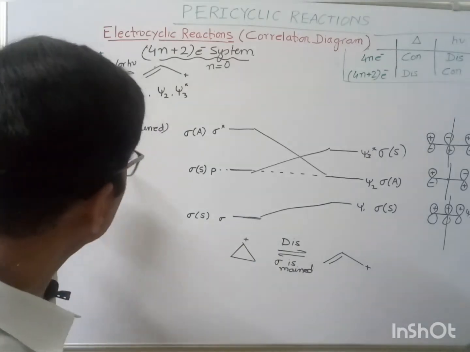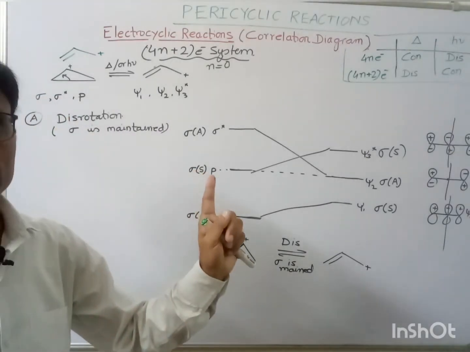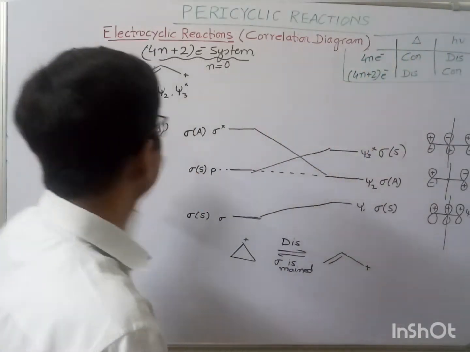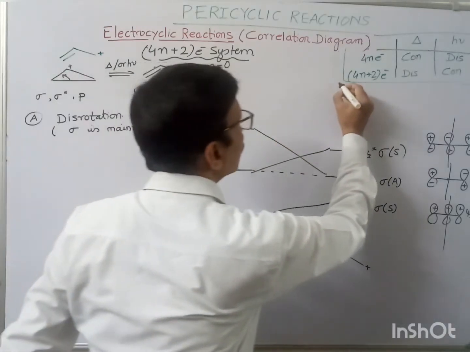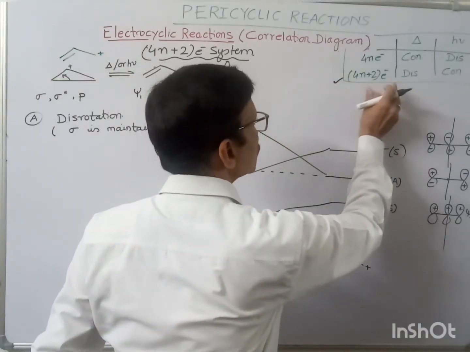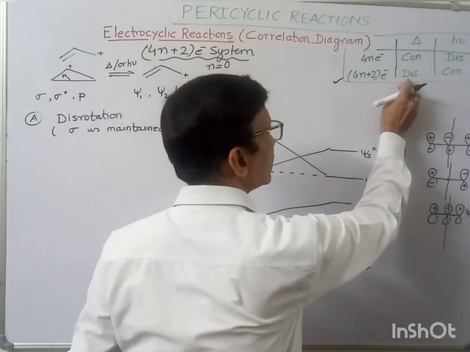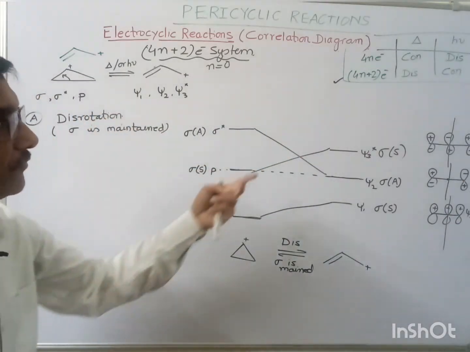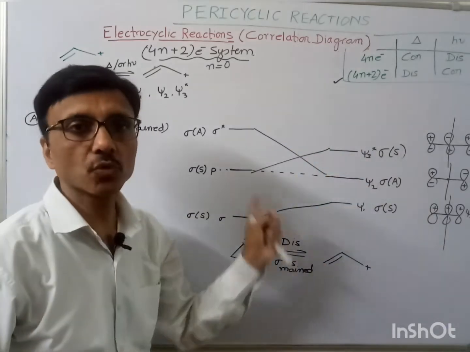Now let's see whether this disrotation of the orbital is allowed under thermal condition or under photochemical condition. This allylic cation is our 4n plus 2 electron system. So when disrotation of orbital occurs, will it take place under thermal condition? Let's see whether we are able to prove this with the help of this correlation diagram.